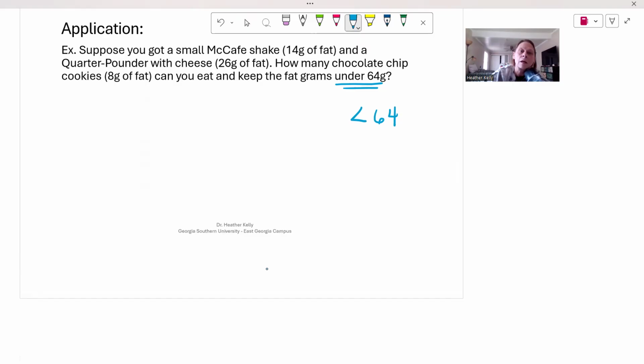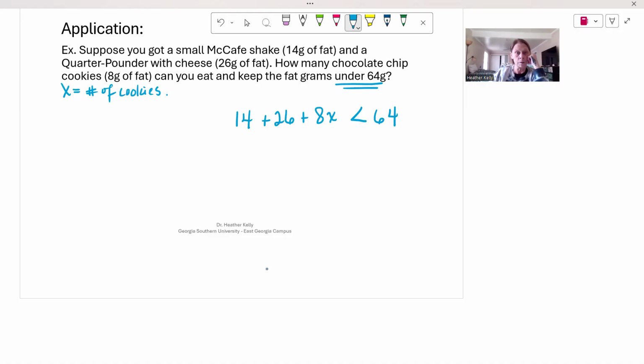And so we got 14 grams already ingested, 26 grams already ingested. The question is, how many cookies can we eat? So our equation here is going to be 14 plus 26 plus 8 times x, x being the number of cookies.